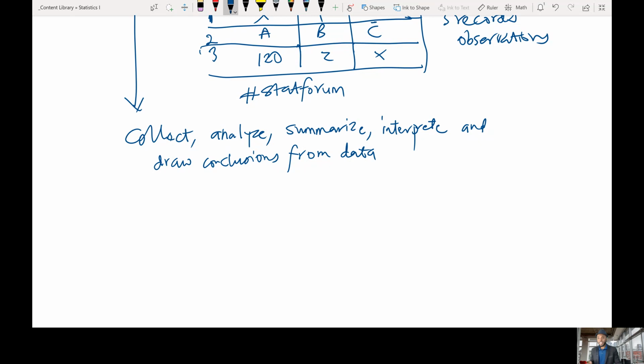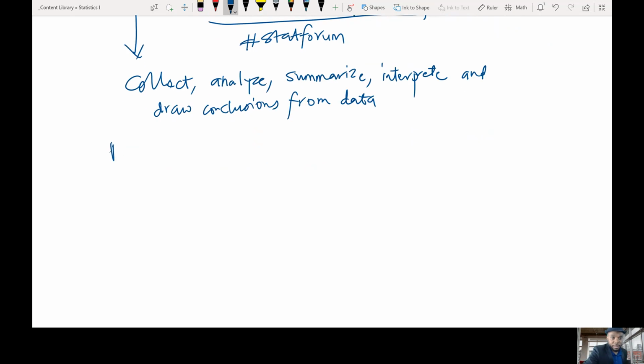All right. Next, let's look at two key terms that we will be talking about in this course. In the beginning of this course, we'll look at descriptive statistics. And here we'll look at procedures and techniques designed to describe data.